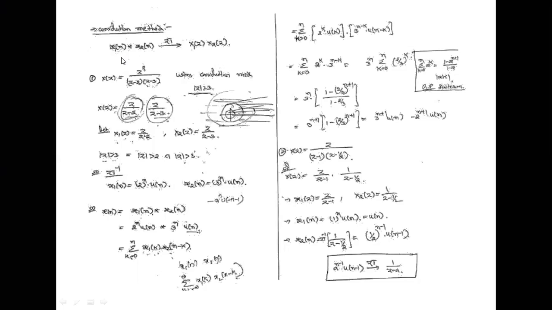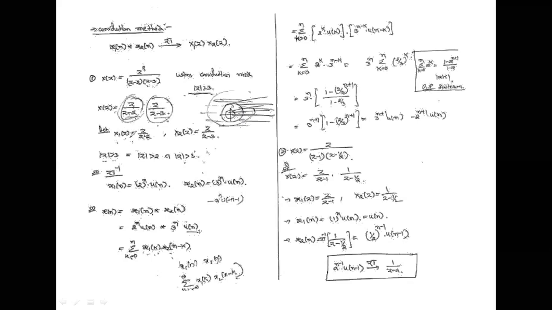We know the convolution in the time domain is a product in the frequency domain, nothing but the z domain here. Take one example: z square by (z minus 2)(z minus 3). I modify this: X of z is z by (z minus 2) times z by (z minus 3).